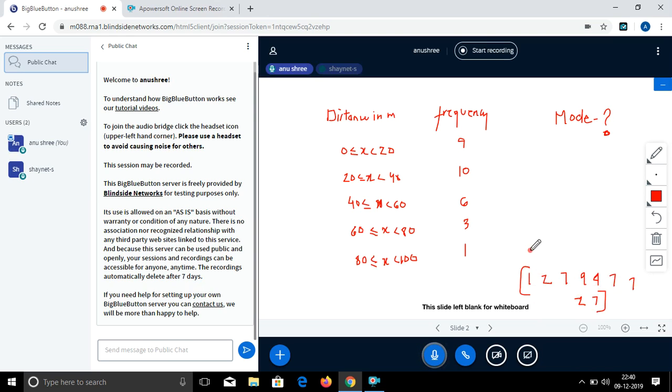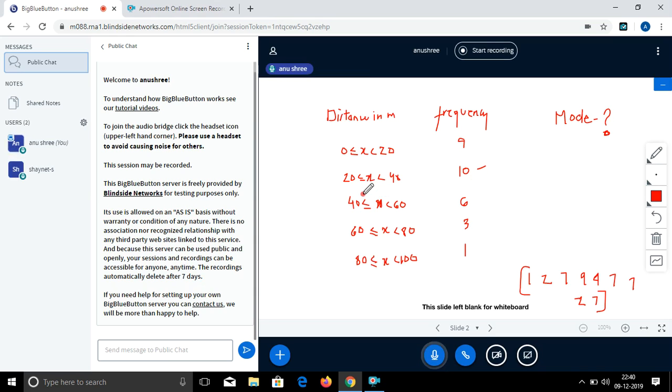It has the highest frequency. Now you tell me, in this table which has the highest frequency? These are the frequencies written. Which number is the highest here? 10. Yes, that's correct. So mode is the highest frequency.